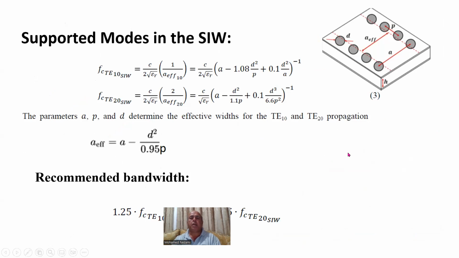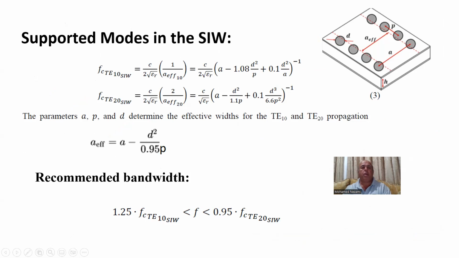The second thing that we're going to introduce here is that, just like a waveguide, we have a cutoff frequency for the lowest mode, TE10, and then the TE20. These are the equations in here. The operating bandwidth of this guide is basically somewhere between these two.